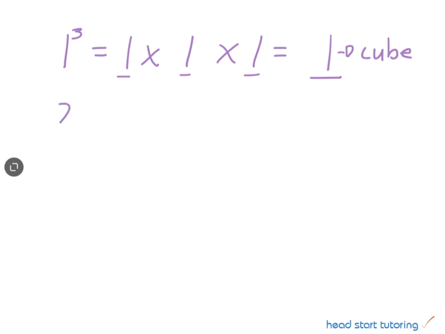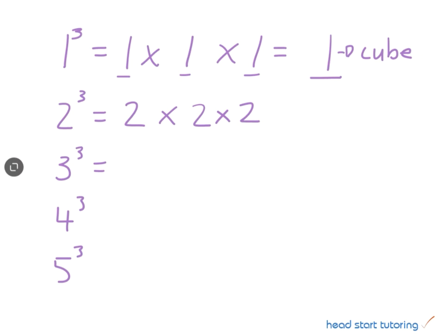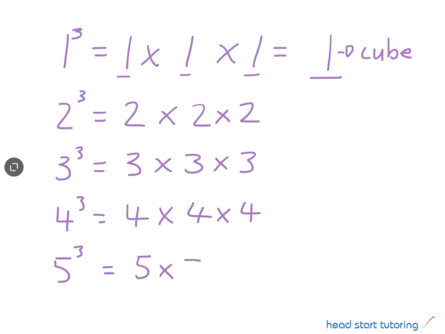So if we have a look at the first 5 cube numbers, we will see that 2 to the power of 3 is 2 times 2 times 2. 3 to the power of 3 is 3 times 3 times 3. 4 to the power of 3 is 4 times 4 times 4. 5 to the power of 3 is 5 times 5 times 5.